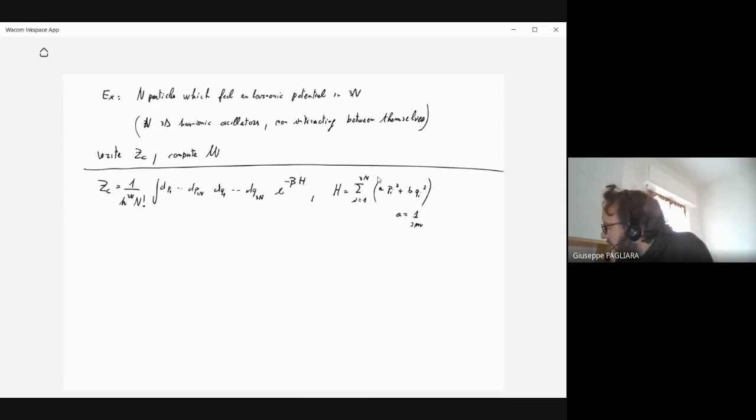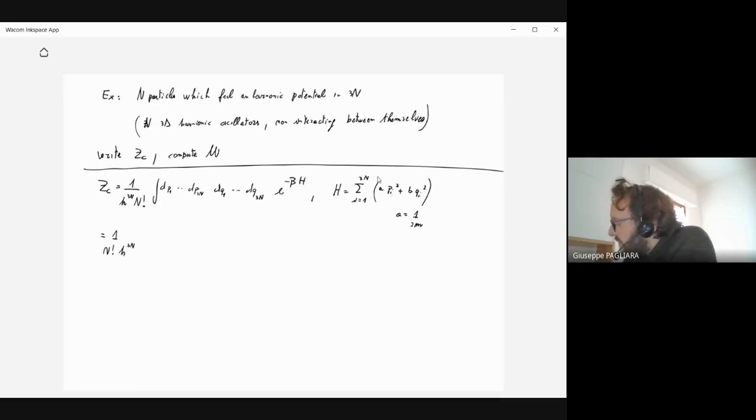Of course, now the calculation is slightly more complicated than the case of a free gas, but actually only slightly, because in any case we have a Gaussian integral over momenta and a Gaussian integral over the position coordinates. Okay. So therefore, this can be written as 1 over n factorial h to the power of 3n.